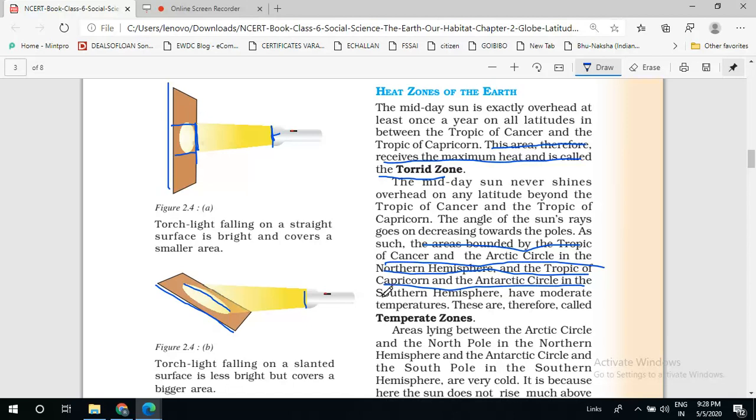Okay, and why the moderate temperature? Because the ray of the sun is not falling straight, but in slanting direction. The angle formed by the sun rays keeps decreasing when we move from equator to poles.